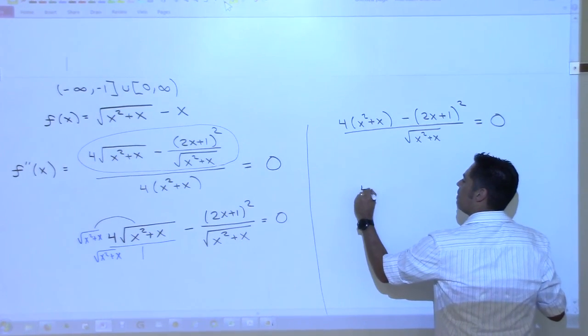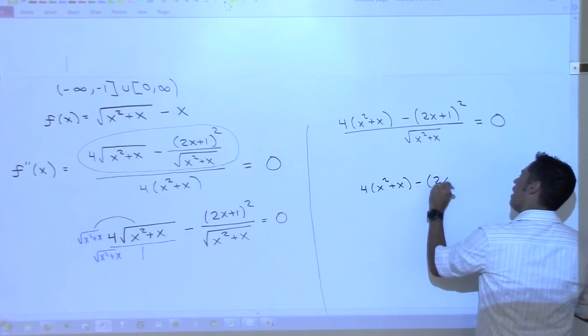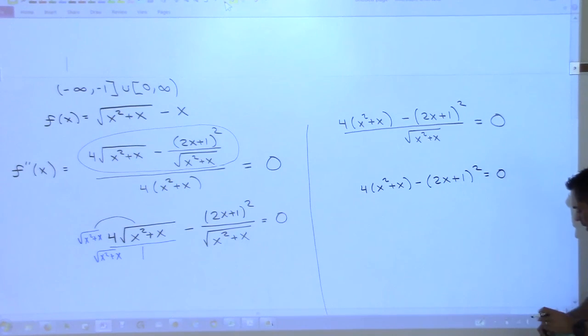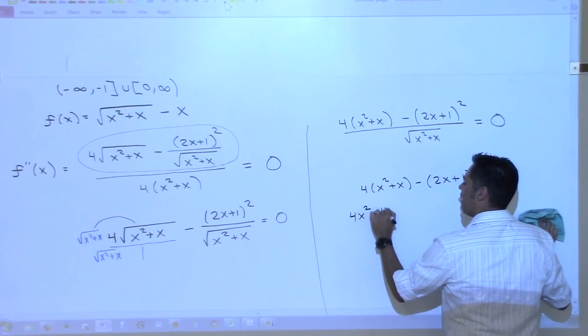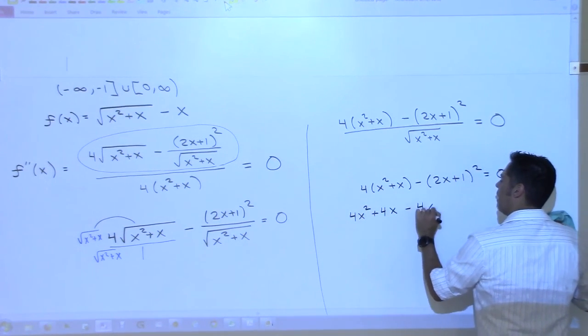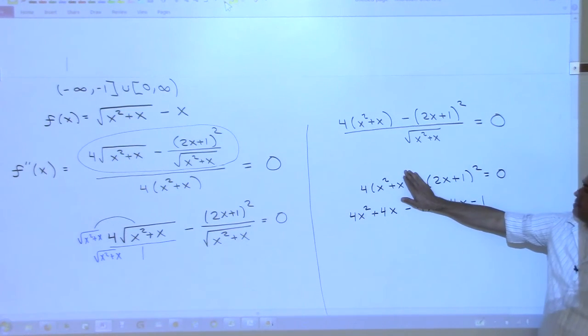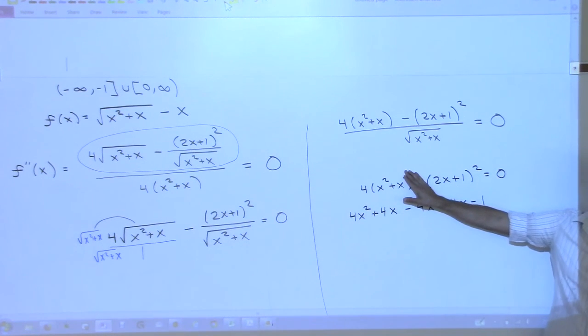So I set 4 times x squared plus x, minus 2x plus 1 squared, equal to 0. And that right there is already a quadratic, isn't it? Just expand it out. So we have 4x squared plus 4x minus, and I expanded that out, 4x squared plus 4x plus 1.